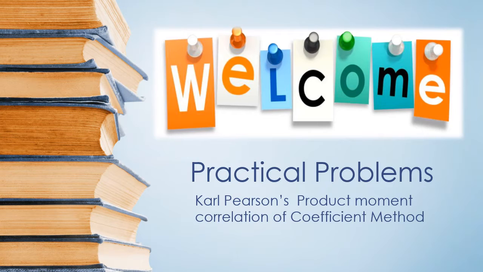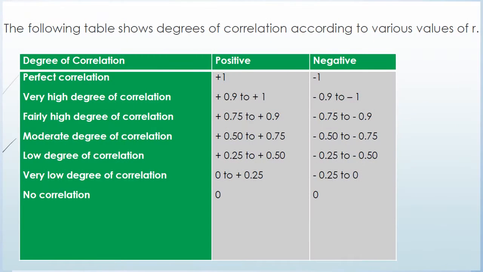So now we will start the session. Before starting the lecture, the following table you must learn and understand properly. The following table shows the degree of correlation according to various values of r.